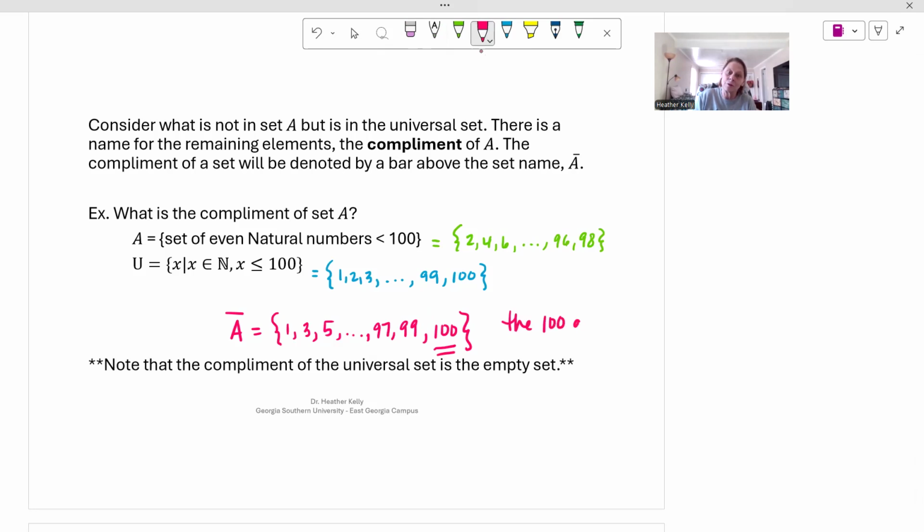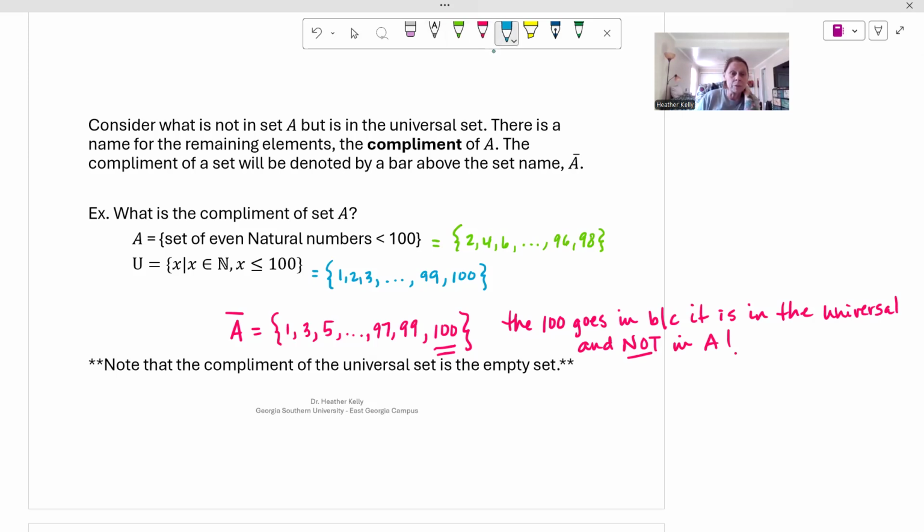The 100 goes in because it is in the universal set and not in A.